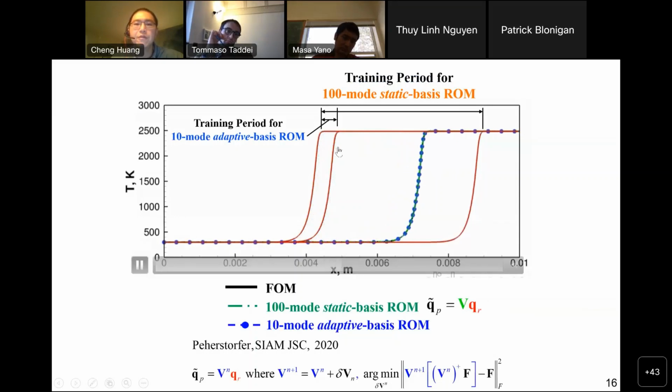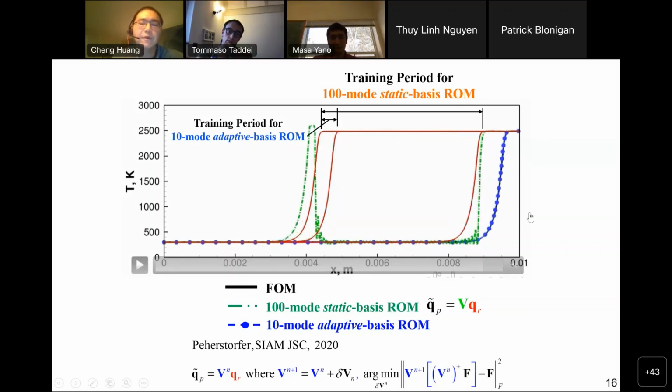You can see the ROM is first able to go beyond the training window, this is the offline training window for the adaptive basis, and then it can also go beyond the training window for the static basis and all the way into the future. This is the kind of performance improvement we are looking at.